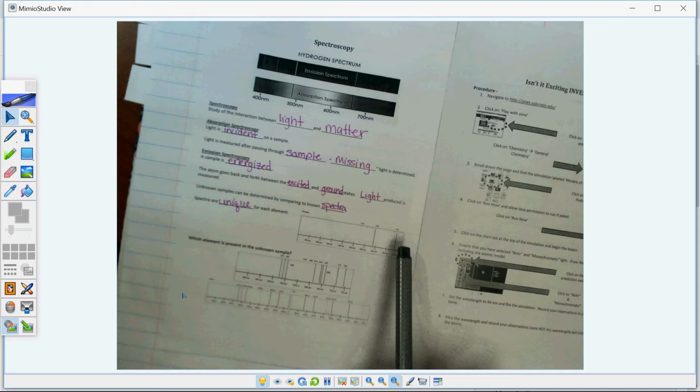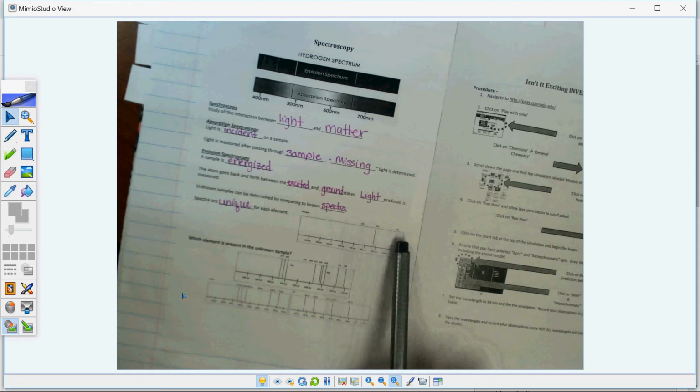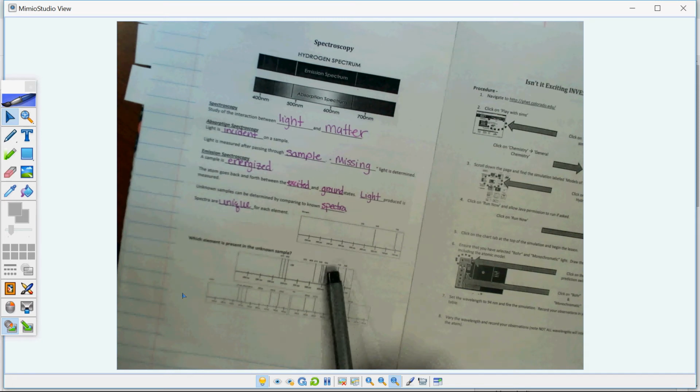So since I know that nitrogen looks like this, I compare. And what I find is that all 3 of these lines are indeed present here, which tells me that nitrogen is part of whatever is this unknown substance.